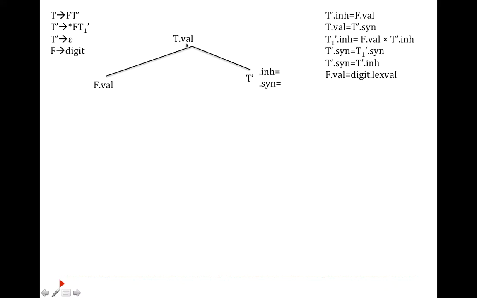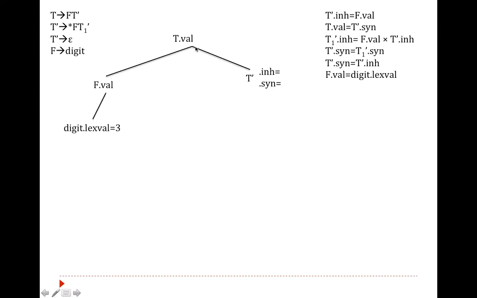Sorry, this is correct, it should be T dot val only. So T gives FT dash, this rule is applied. Now as said before, T and F have only synthesized attributes, and T dash has both inherited and synthesized attributes.